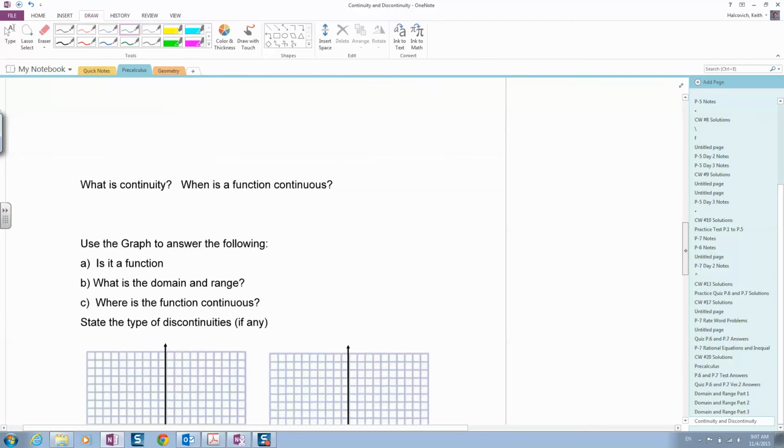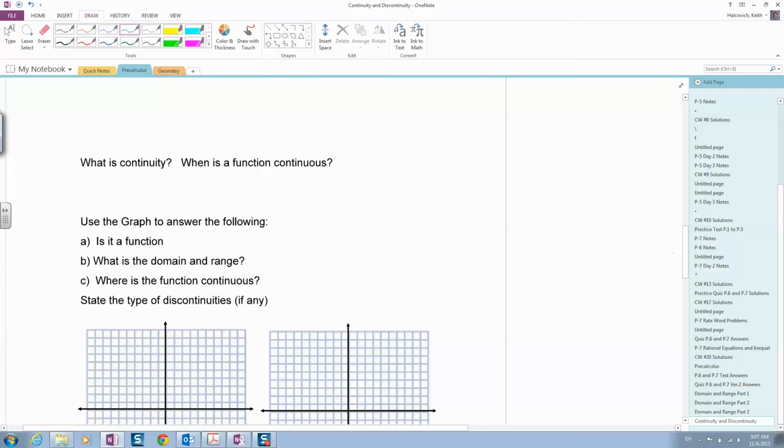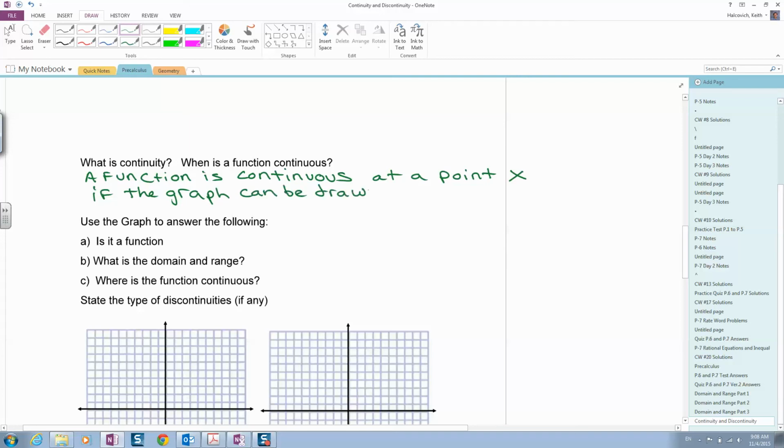So now the question is, what does continuity mean? Well, continuity means that basically a function is continuous at a point x if the graph can be drawn without lifting your pencil.